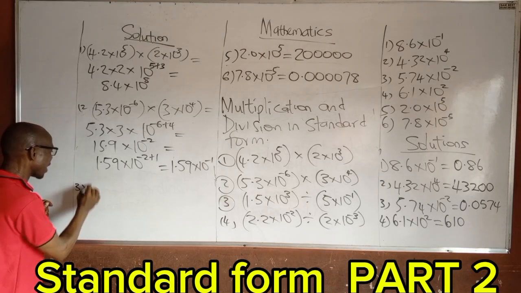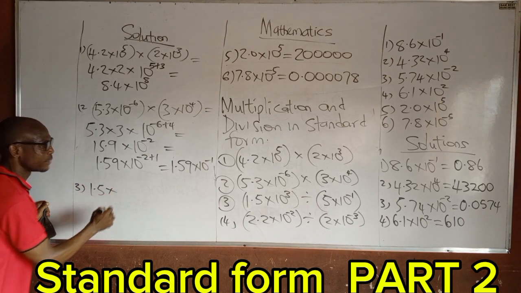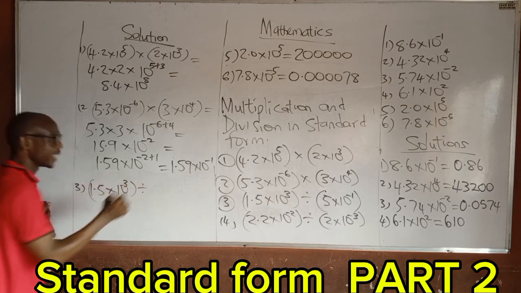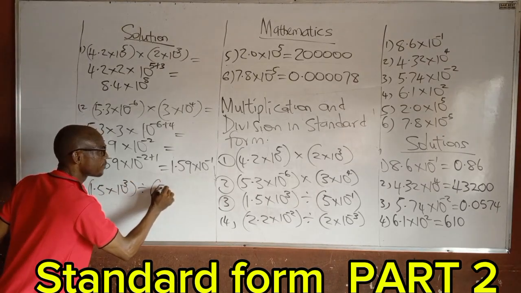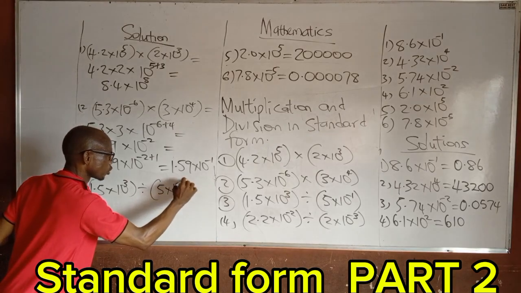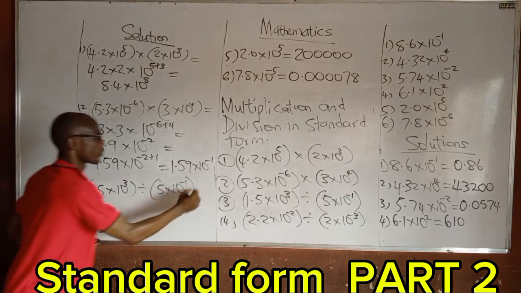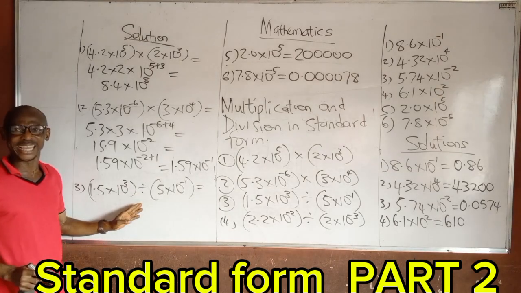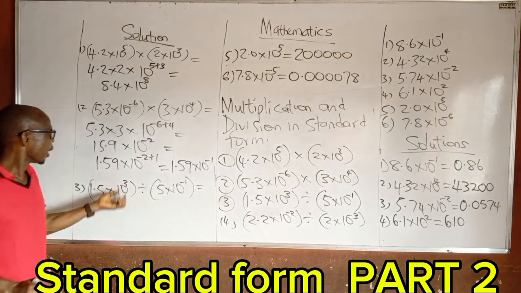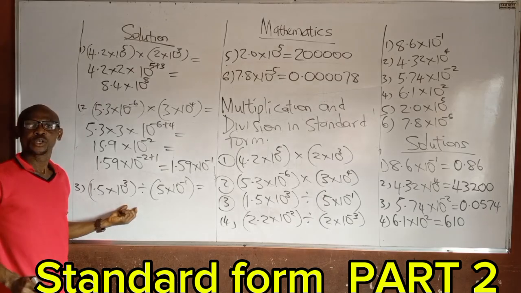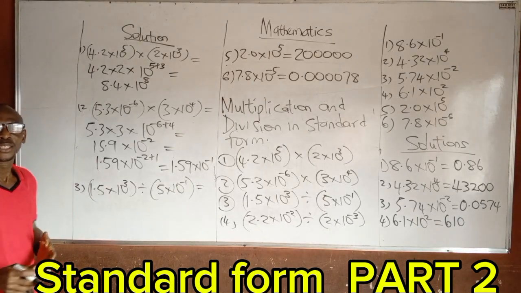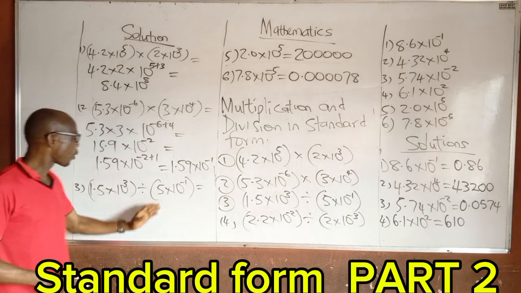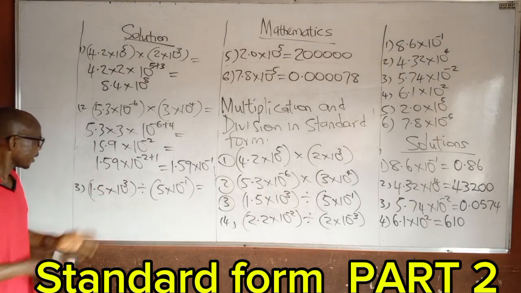Question number 3. We have 1.5 times 10 raised to the power of 3 divided by 5 times 10 raised to the power of minus 1. When we are dividing values that are in standard form, the powers of 10 are subtracted while we divide the other parts normally.